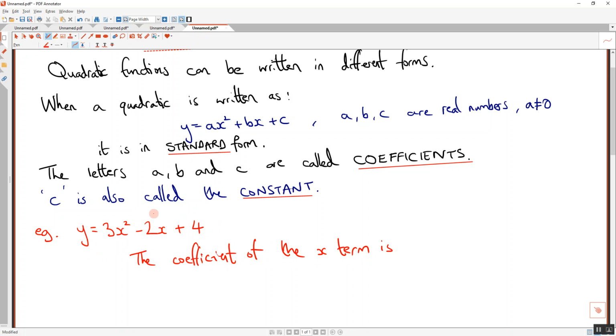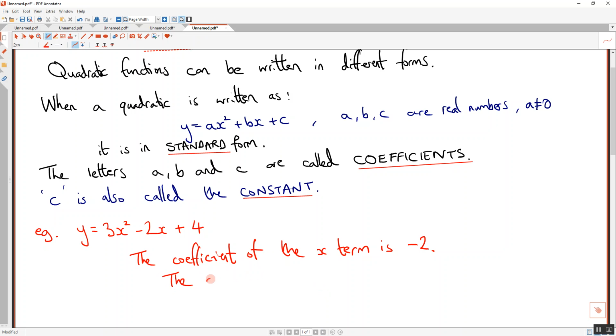Careful. It's -2, okay? So the number in front of the x term, that's what the coefficient means. Coefficient just means it's the number. What's the constant?